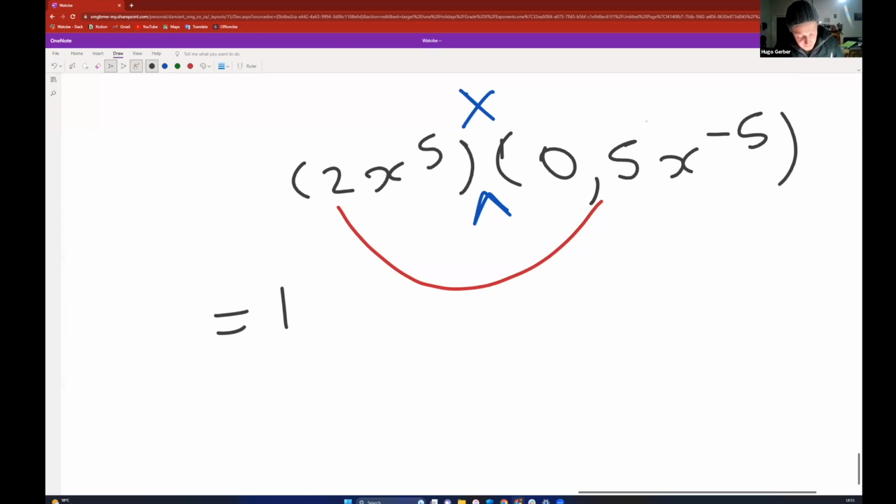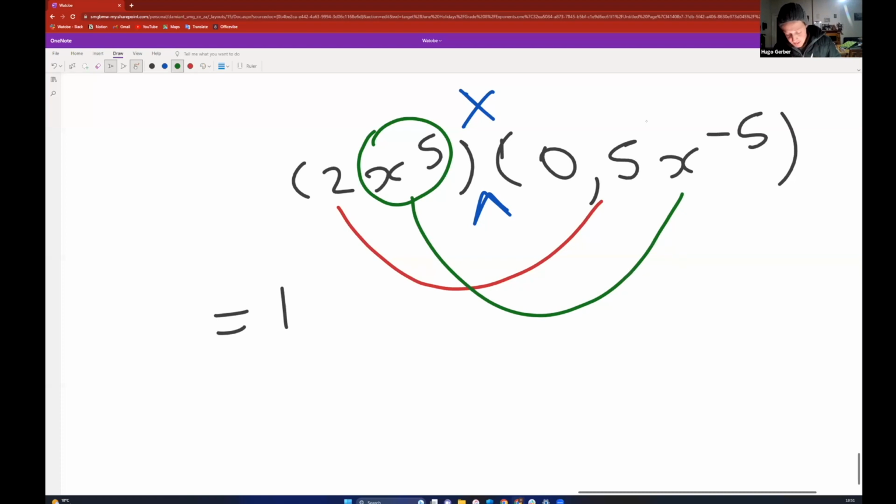Now, in green, I'm going to do this whole x situation, the x with its power multiplied by this x with its power. Anybody that does not understand that, you have an x with its power in the one bracket multiplied by the x and its power in the next bracket, okay?